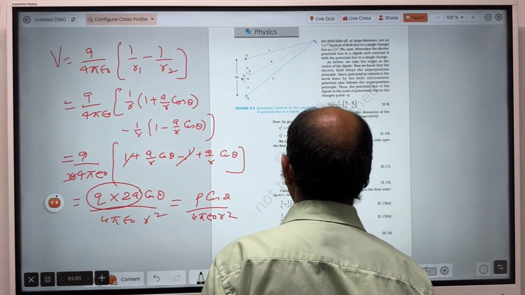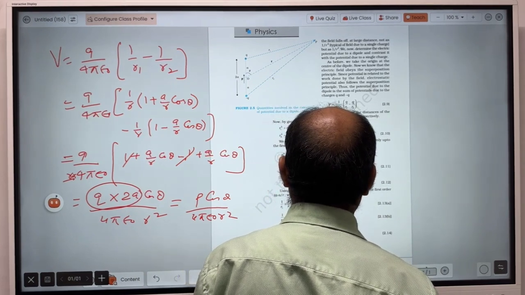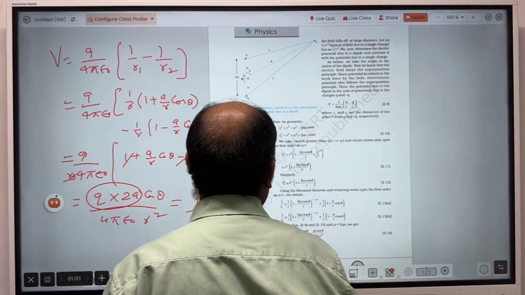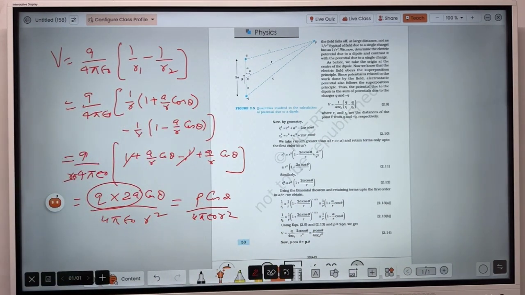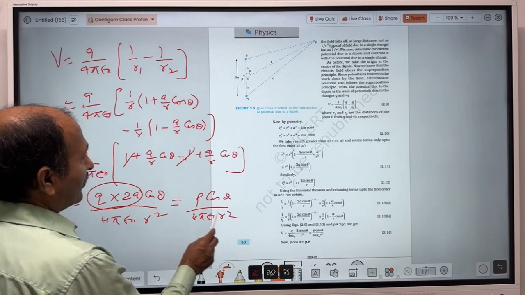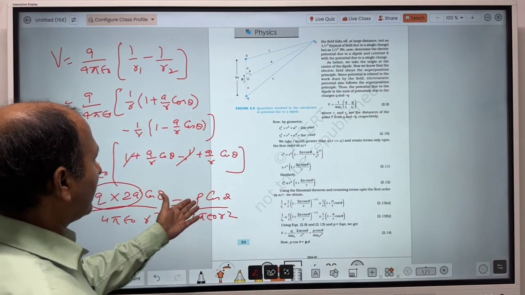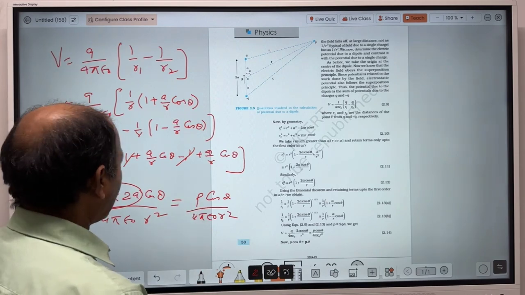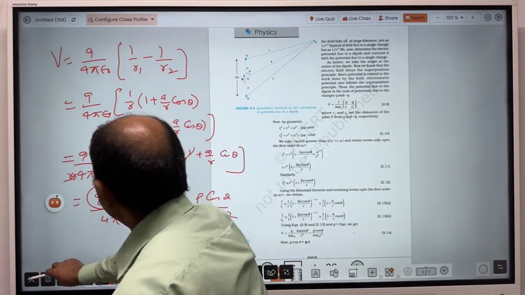Here, if we want to introduce a unit vector, that can also be done, and in terms of the dot product we can write p dot r, so that can be done.